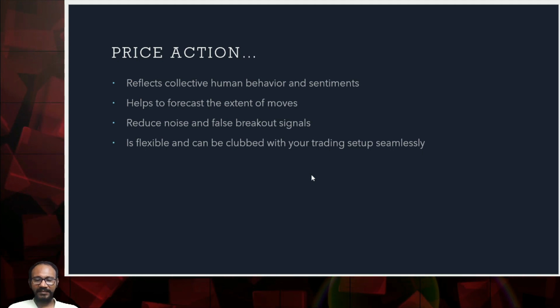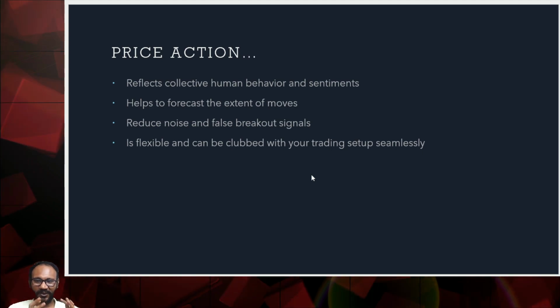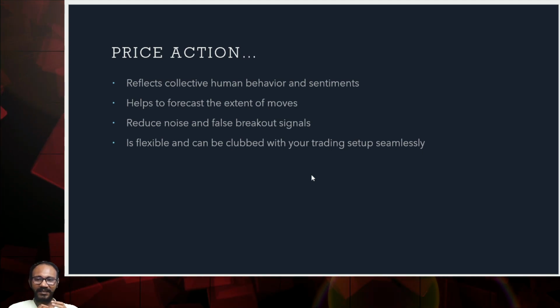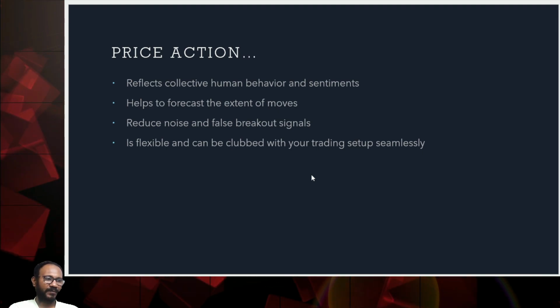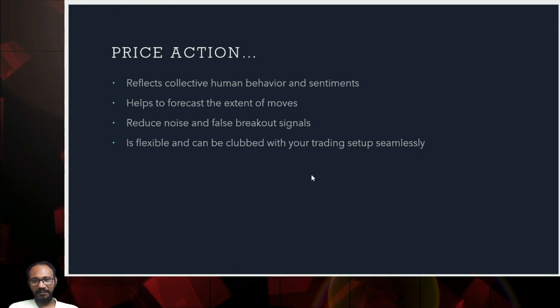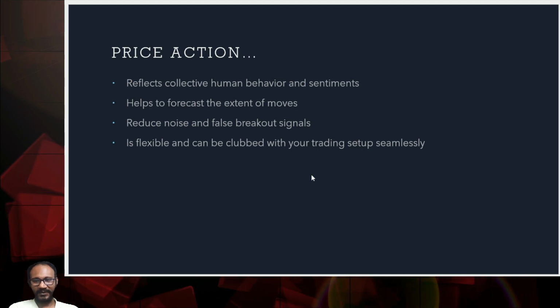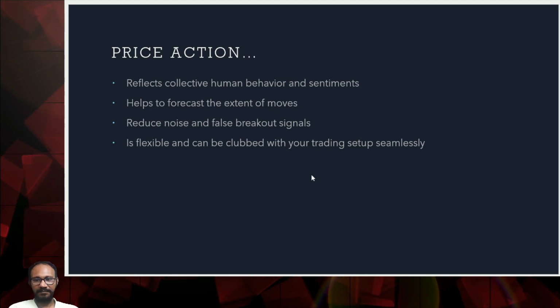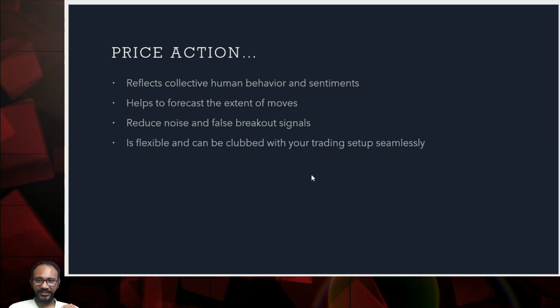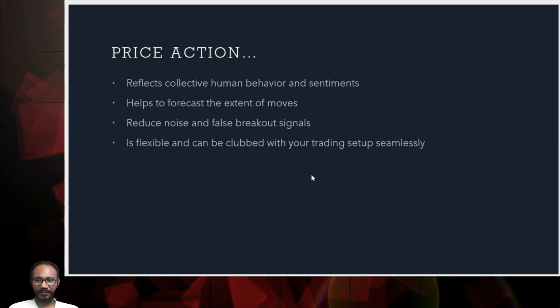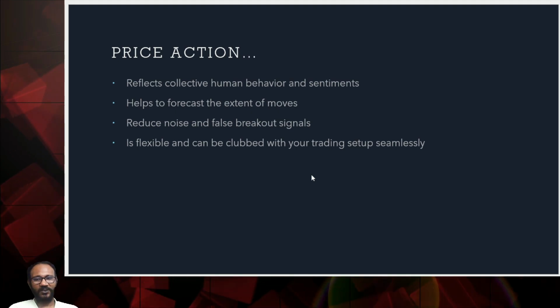An excellent way to curb those noises and almost eliminate all these false breakouts is through price action trading. And this way it is more reliable, it is very flexible. You have some sort of trade setup, you have some systems. Now along with this, if you club price action trading, it's going to be far more superiorly powerful than what you are already doing.